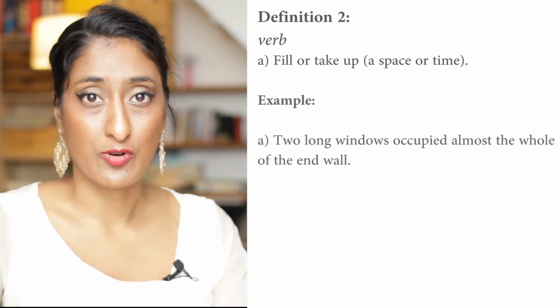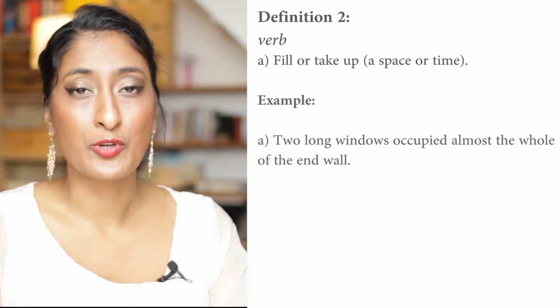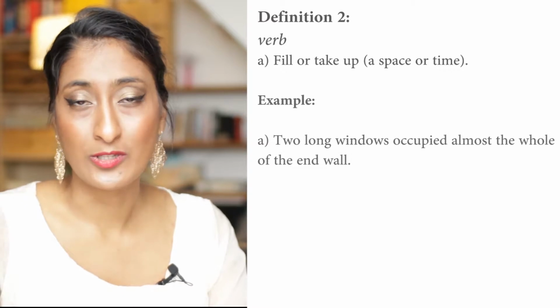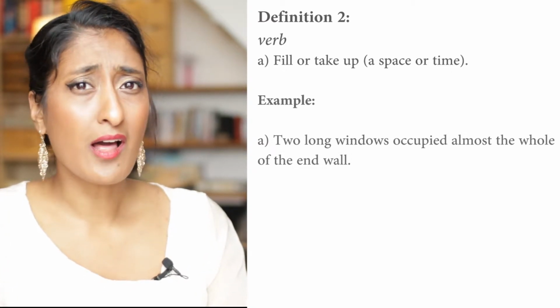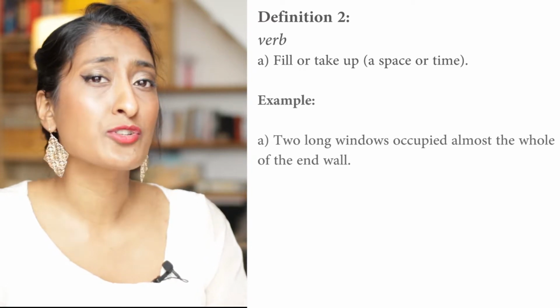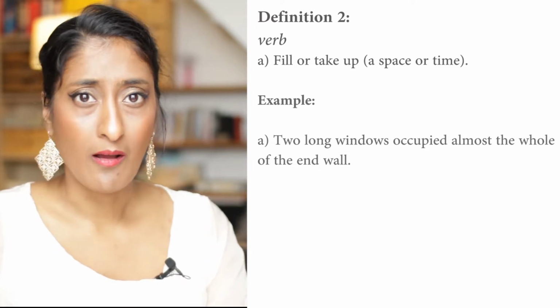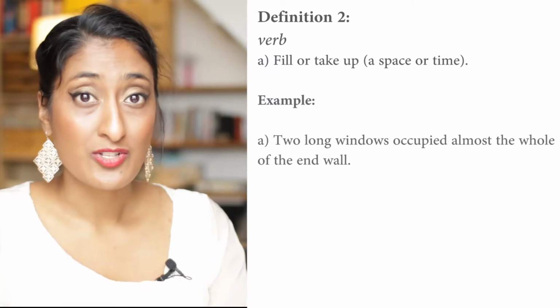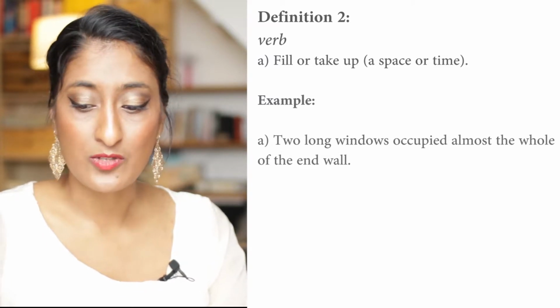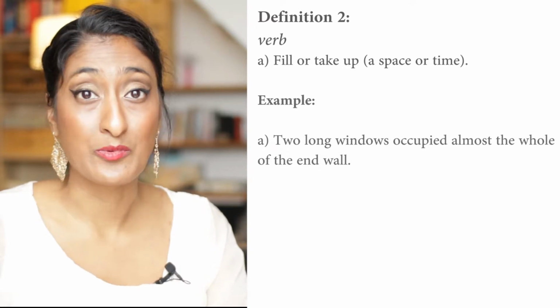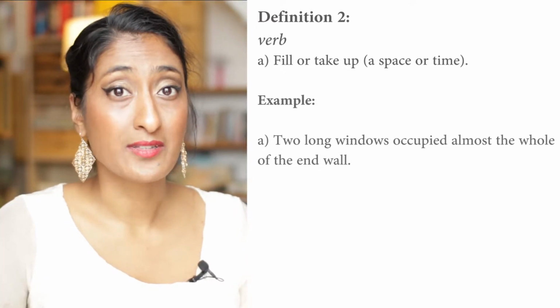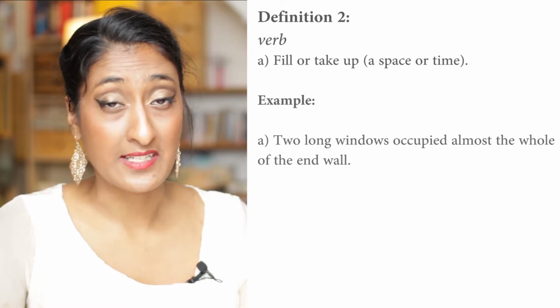So here is a description of a room. It could be a grand hall, and on the end wall you had two windows, but they were so large that they pretty much took up all of the space on that wall. So you could say that the two windows occupied almost the whole space that was there. It took up the space or filled it up.